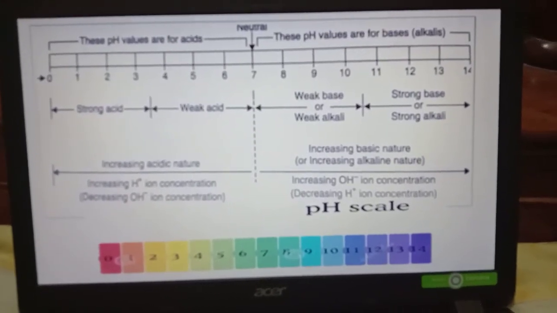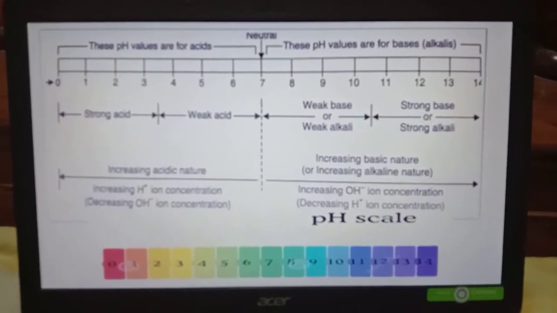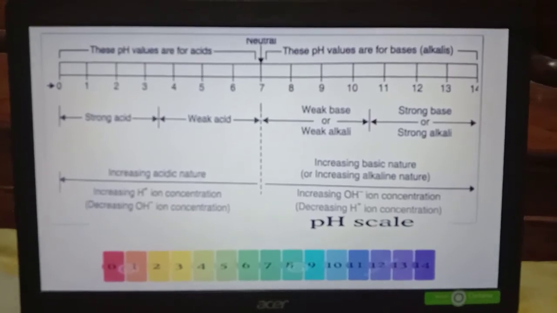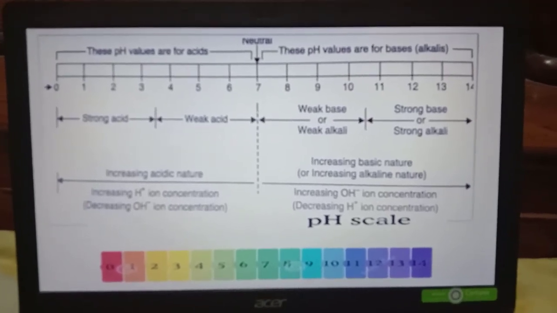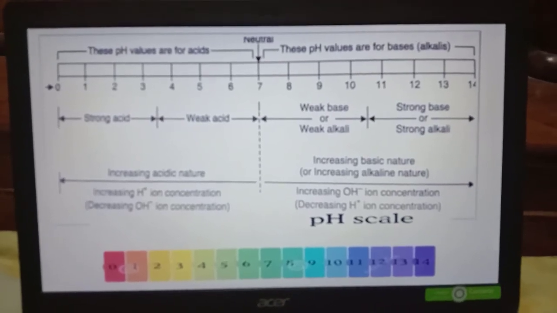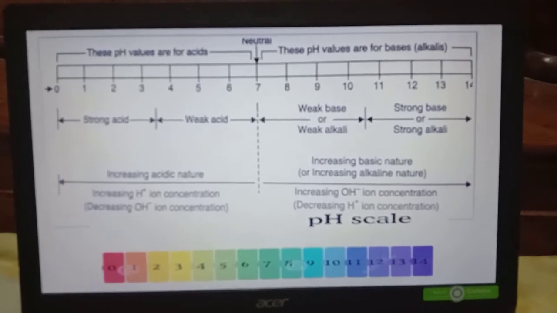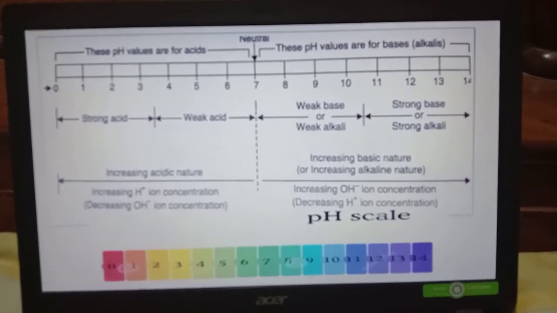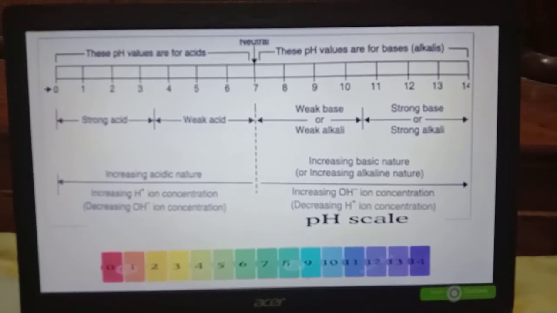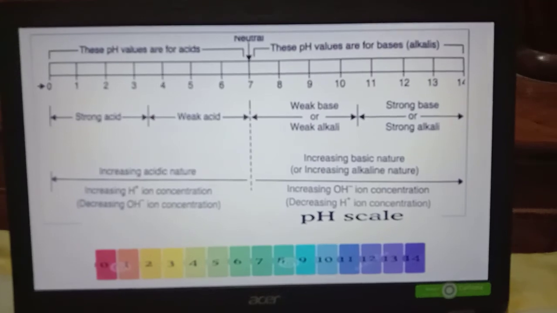Hydrogen ion concentration will keep on decreasing when I move on the pH scale from 0 to 6.9. Why? Because strong acids are the ones which remain fully ionized and they occupy the corner position of the pH scale, and the hydrogen ion concentration will keep on decreasing when I turn from strong acid to weak acid.